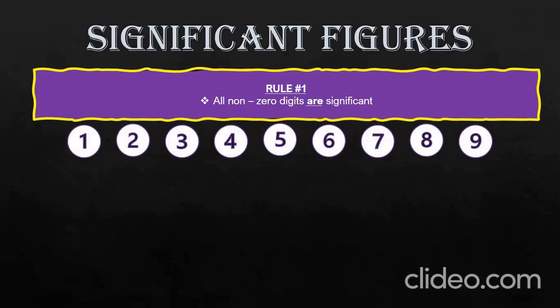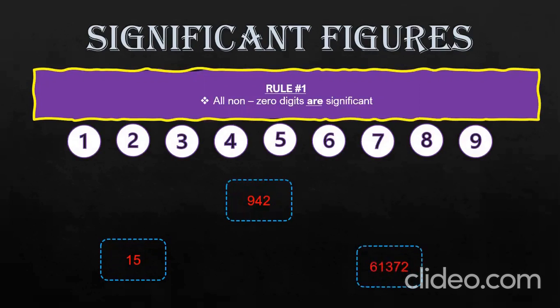Those are all non-zero digits and they are significant. So let us take the number 15, for example. 15 has 2 significant figures, 1 and 5. 942 has 3 significant figures. 61,372 has 5 significant figures, 1, 2, 3, 4, 5.